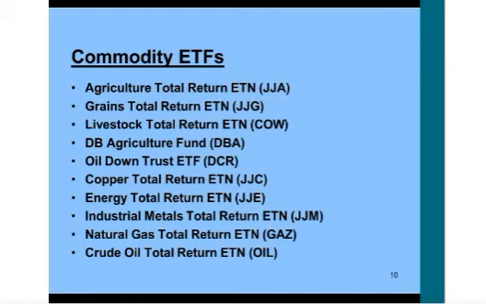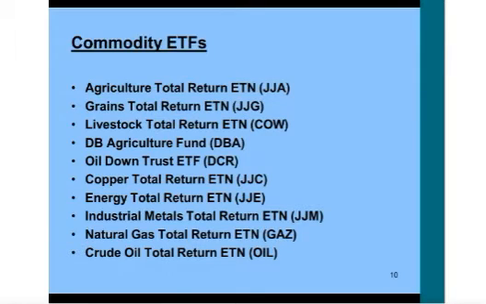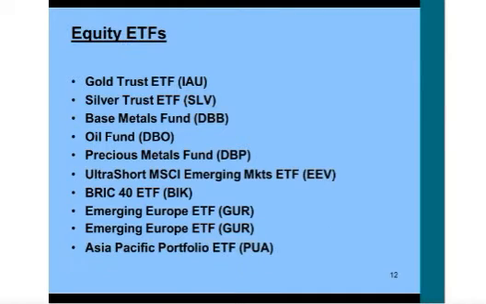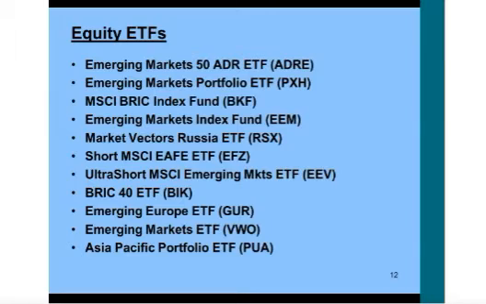Here are some examples of commodity ETFs: agricultural, grains, livestock, oil, copper, energy, gold, silver, base metals. And here are some examples of equity ETFs that hold baskets of stocks. Some examples of that would be the emerging markets, the BRIC index, emerging market index fund, Market Vectors Russia.